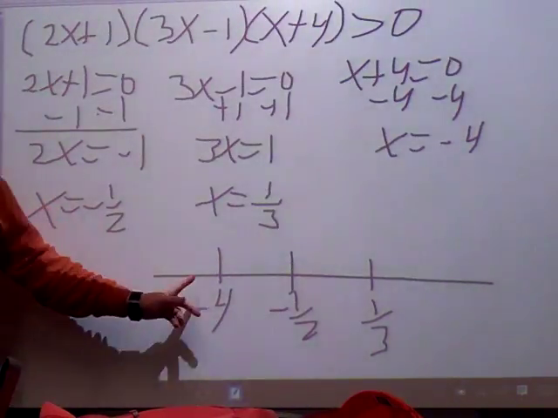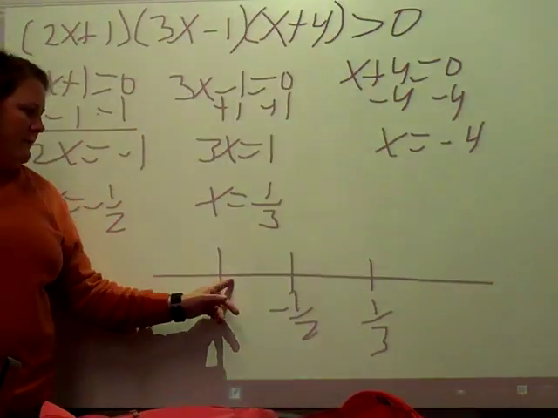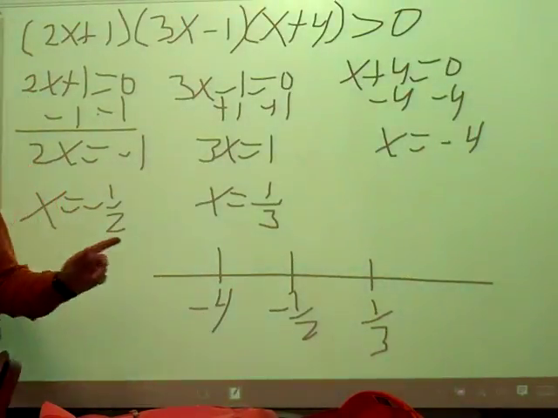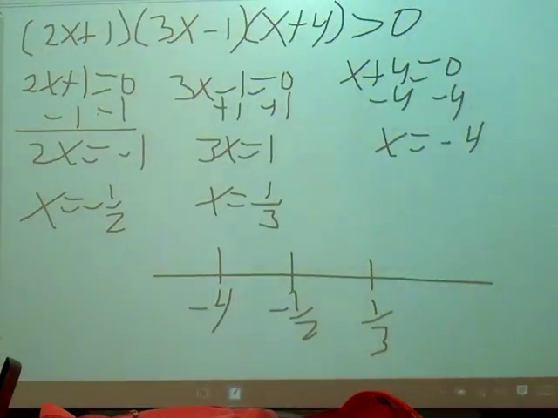Okay? So now pick me a number between negative 4 and negative 1/2. Negative 2. So 2 times negative 2 is negative 4. Plus 1 is negative 3. 3 times negative 2 is negative 6. Minus 1 is negative 7. Negative 2 plus 4 is 2. That's right. Negative times negative is a positive, times another positive is a positive.